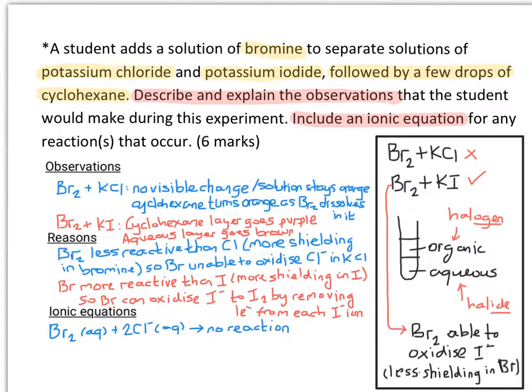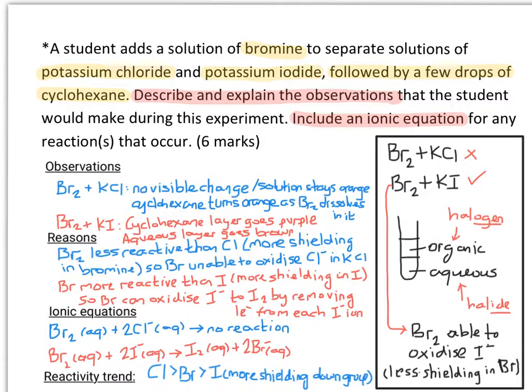So for the same reasons that bromine is less reactive than chlorine, it's more reactive than iodine, so there's more shielding in iodine, so therefore bromine can oxidize I- to I2 by removing one electron from each I- ion. So that can be represented by the ionic equation at the bottom.